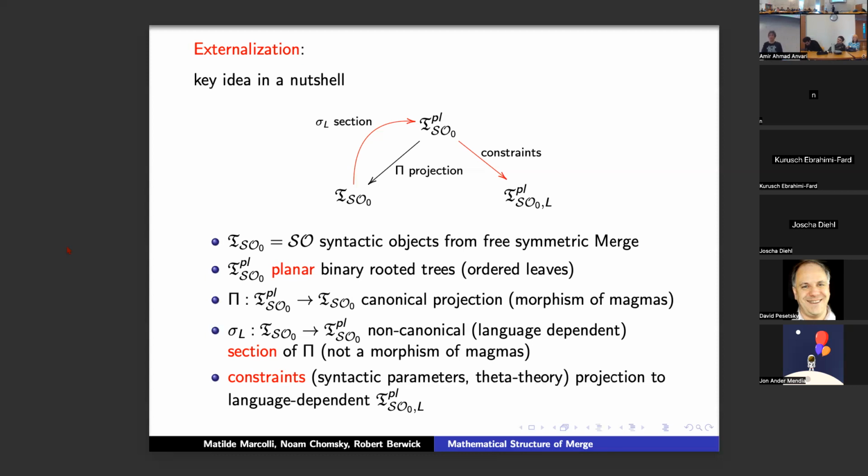The first procedure is taking a section of a certain projection, which I'll explain in a moment. The second procedure is imposing a number of remaining constraints on what I get from the first step.